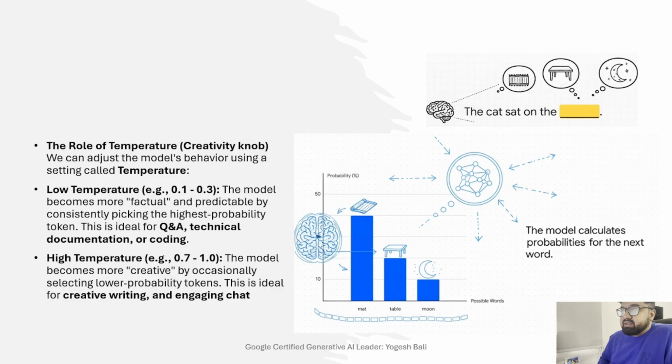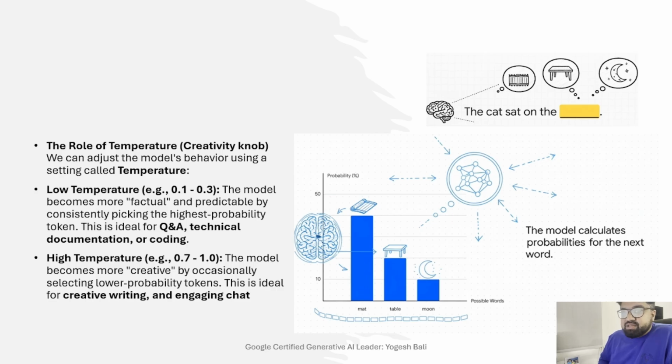And say for example, if there is a sentence that we give the LLM to complete, the sentence is: the cat sat on the dash. So there are three words: mat, table, or moon, where mat has maximum probability that the cat is sitting on the mat, table has medium probability, and moon has less probability.